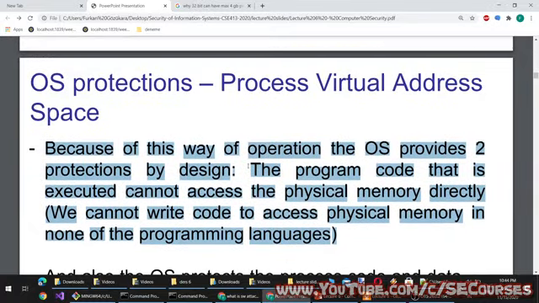Actually, in my programming life of, let's say, 15 years, I have never written code to manage memory addresses. It was always done by the compiler, by the runtime, and probably you will never work with this stuff either.